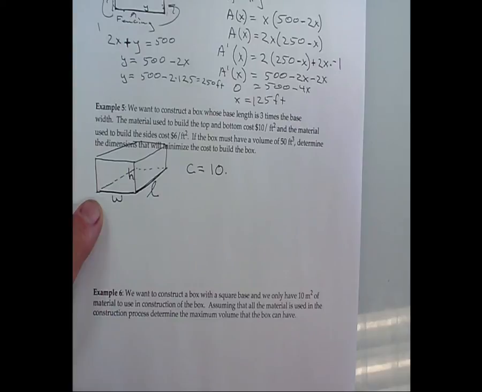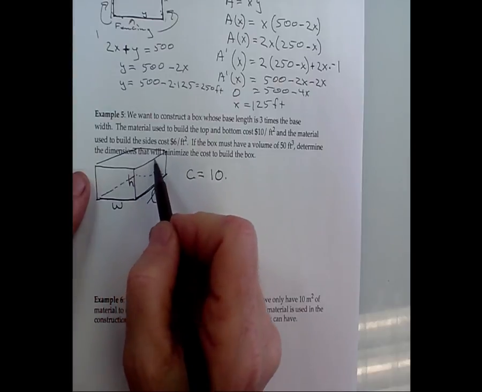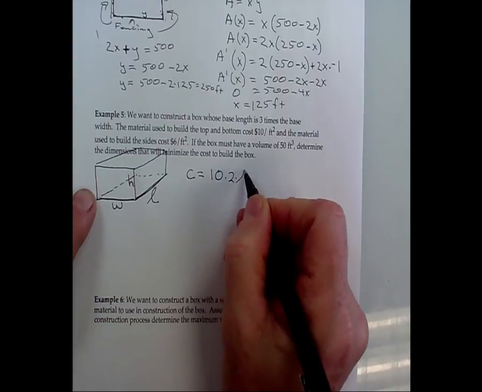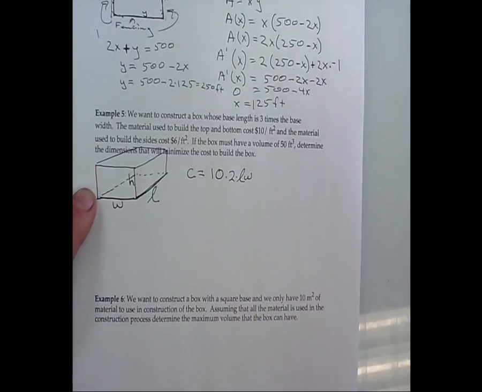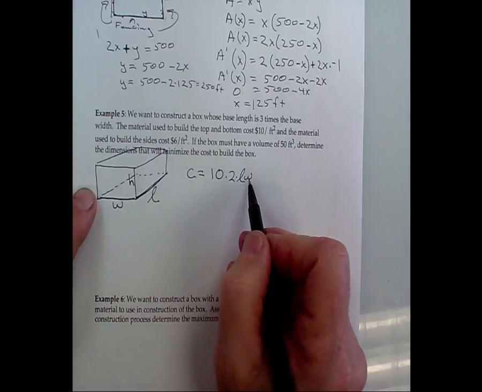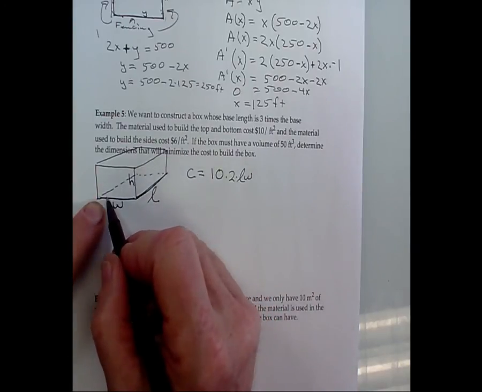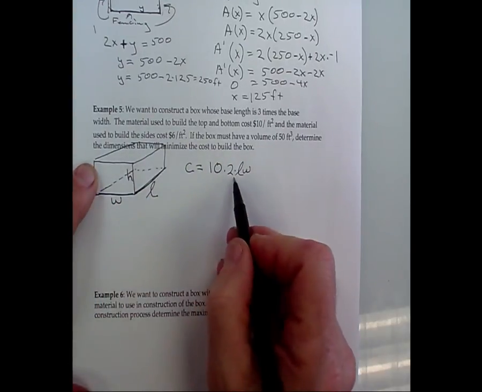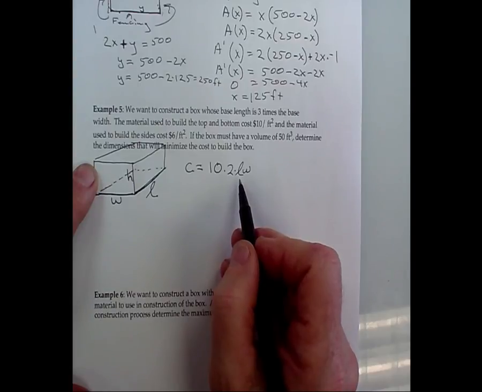No, it doesn't give me any number. So what am I going to say it is? Length times width. Would everybody agree? What about the top here? Also length times width. So there's 2 of them. So there's 2 length times width. Everybody with me on that? $10 per square foot for the top and the bottom. This is how many square feet are on the bottom, length times width. The top is going to have the same length and width, correct? So I multiply it by 2. Elijah, are you okay with that?